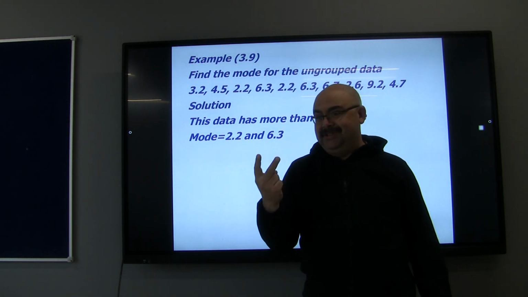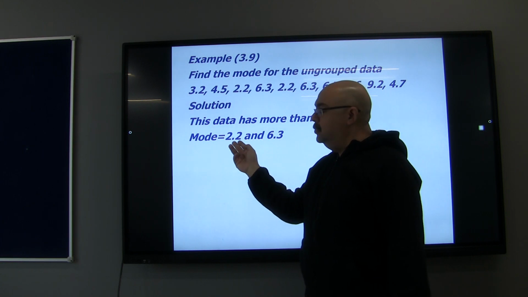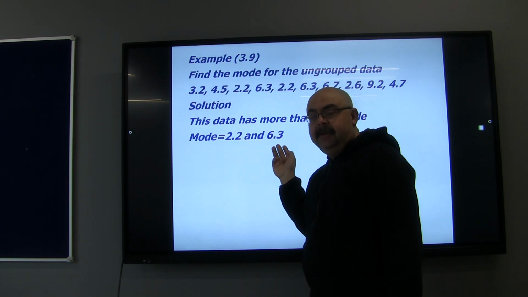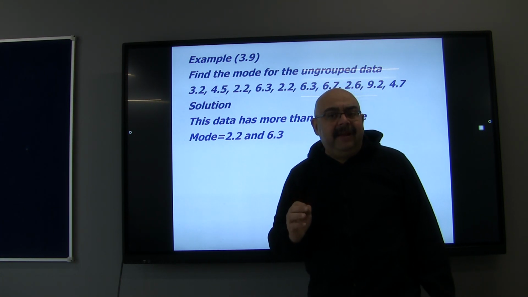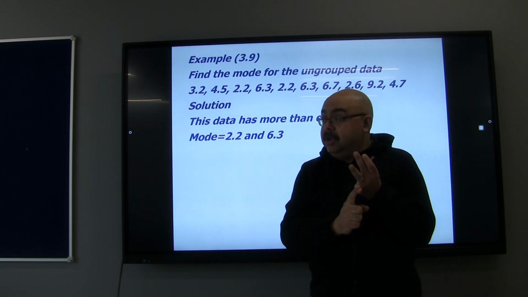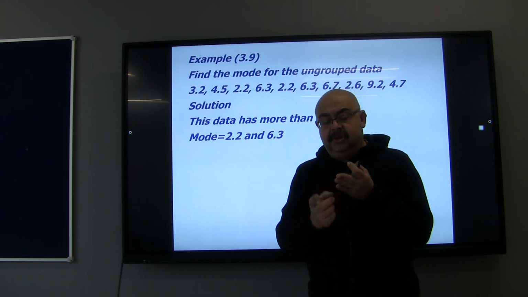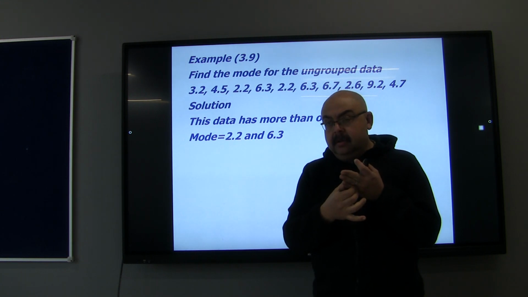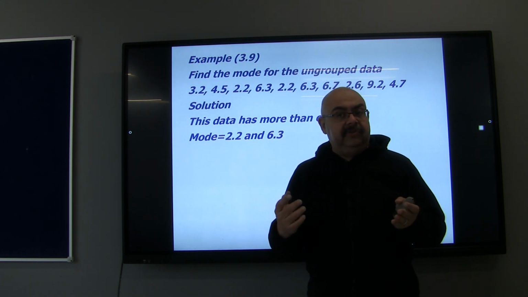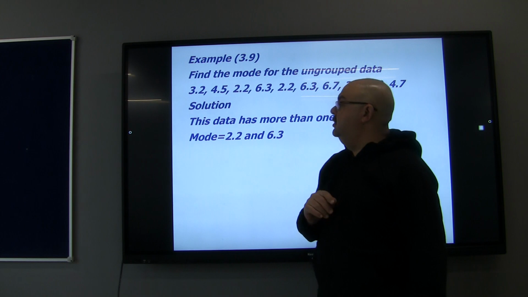You have 2 modes, 2.2 and 6.3. This explains why the mid-range, arithmetic mean and median are all unique values: for any set of data, you will have one number representing it.